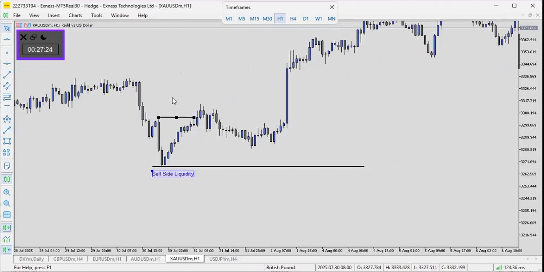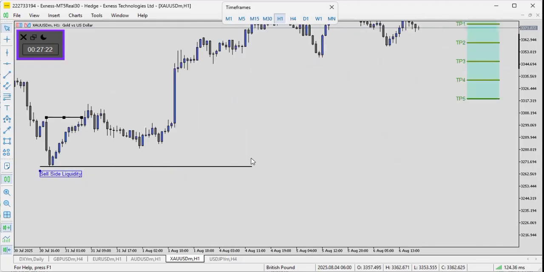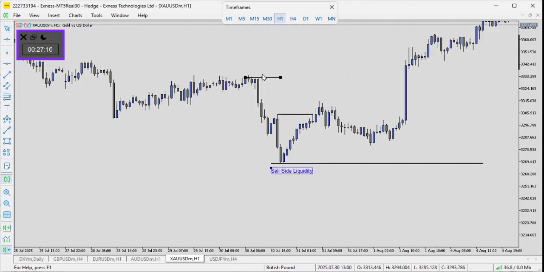This market has its own high, another high here, another high here, and then it has a low. Picking these can be serious work. So there are micro sell side and micro buy side in the bigger picture.